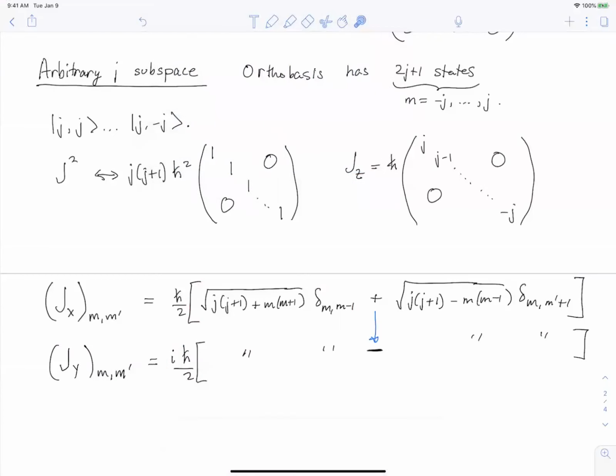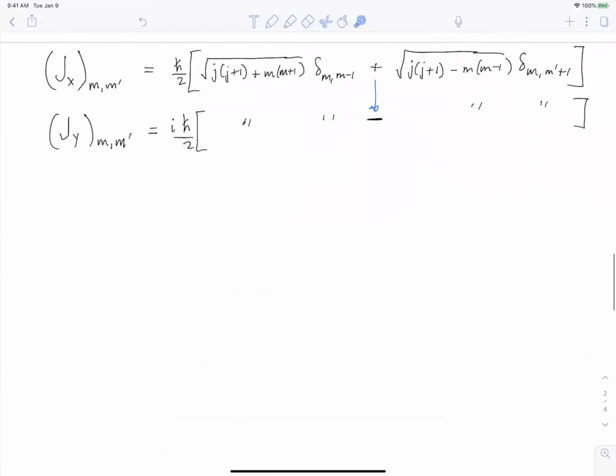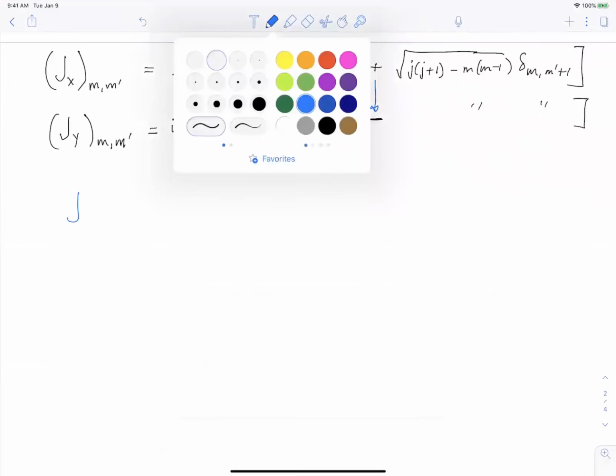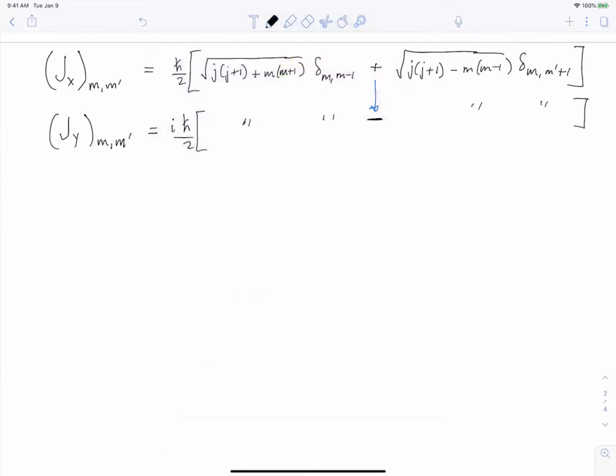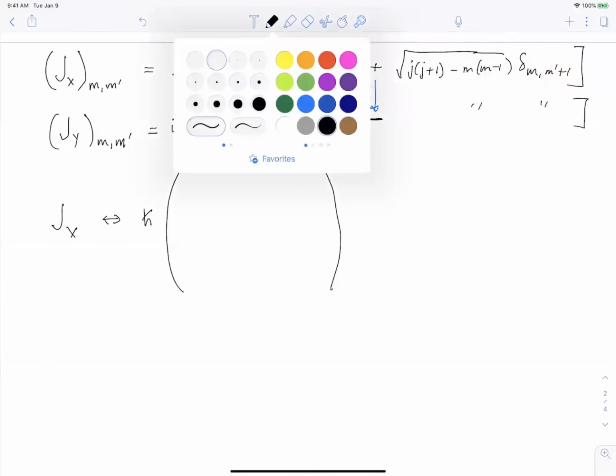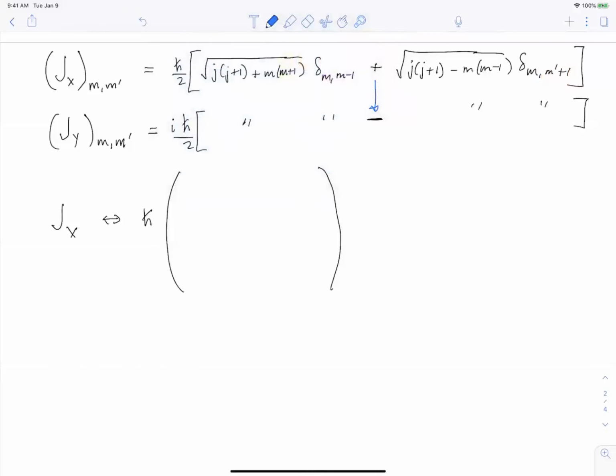So if we wanted to sort of draw schematically what these matrices look like, j sub x is going to be represented by a matrix that has an h bar. And then the Kronecker deltas here are telling you that it's non-zero if and only if you're one above or one below the diagonal. And so I'm just going to draw here the places where there are non-zero entries.